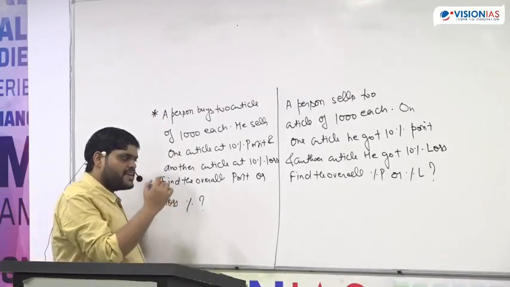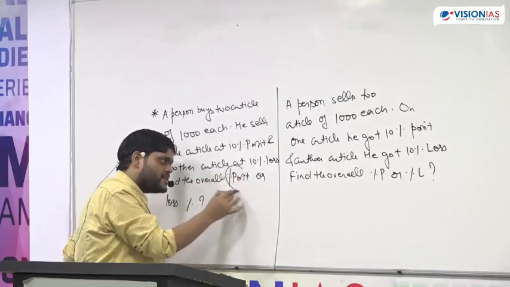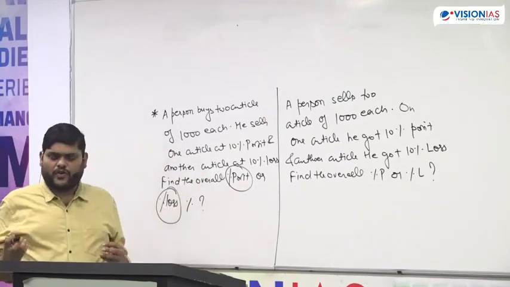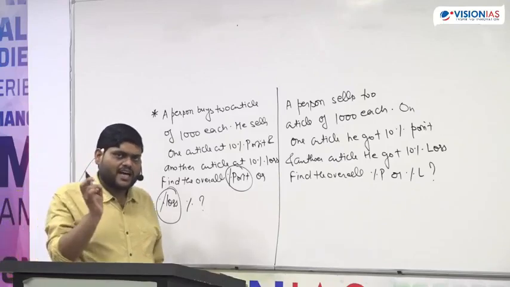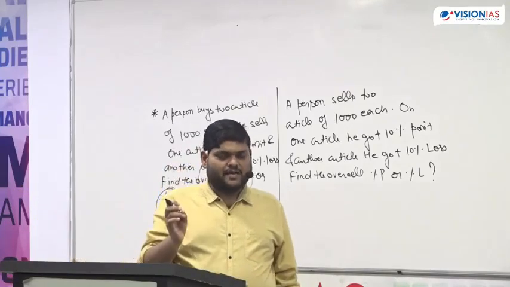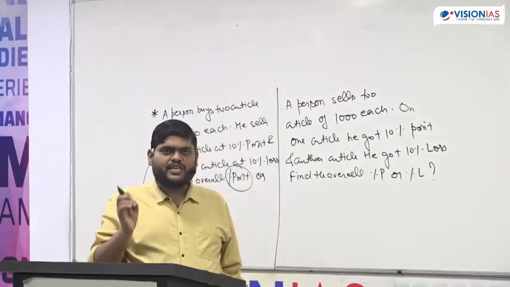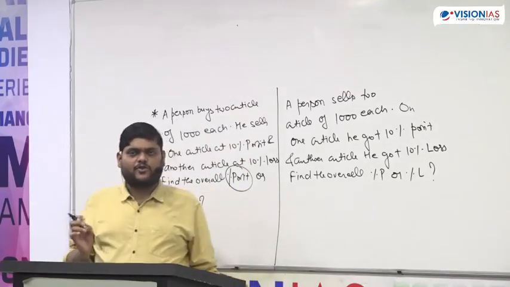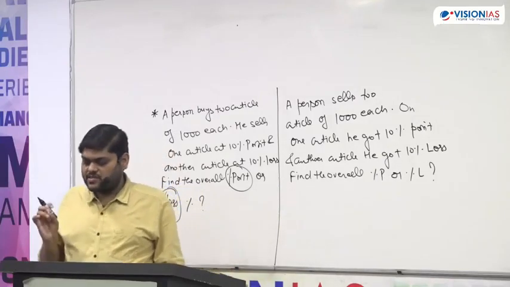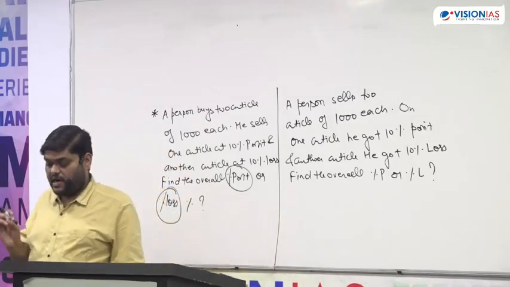The final requirement is percent of profit or percent of loss. So I have given you in the first class of profit and loss the concept that profit and loss is always calculated on the cost price.